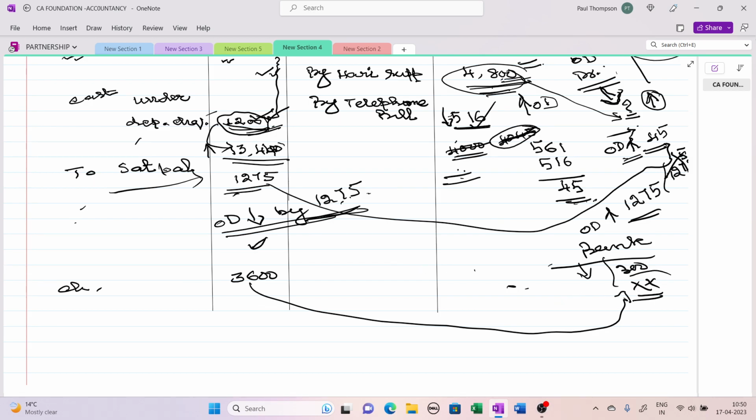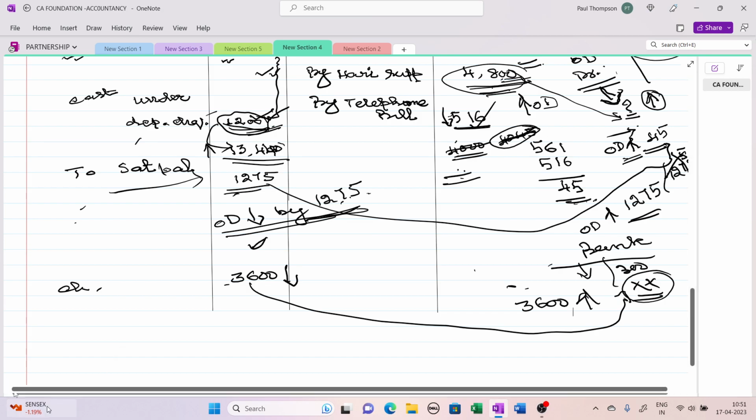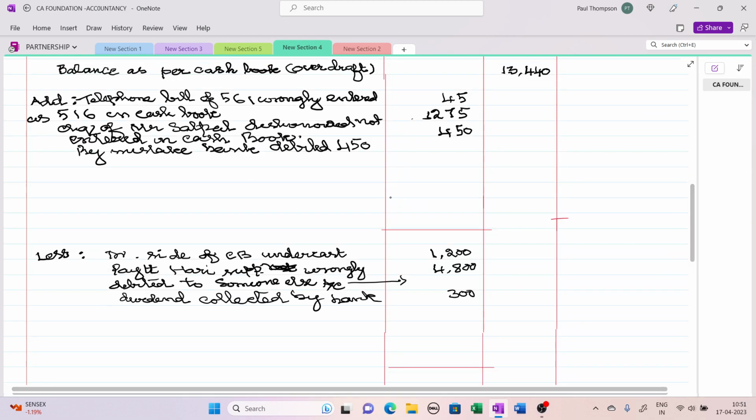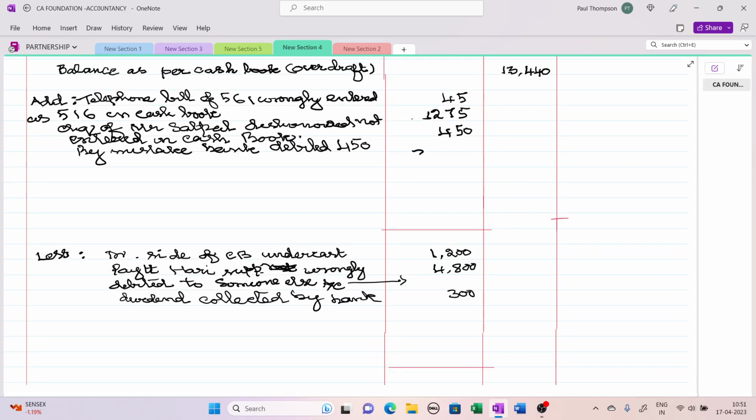So to that extent 3600 as per cash book overdraft has come down, but as per passbook the overdraft is more by 3600. So we are going to add this 3600. Cheque deposited but not yet collected by bank.